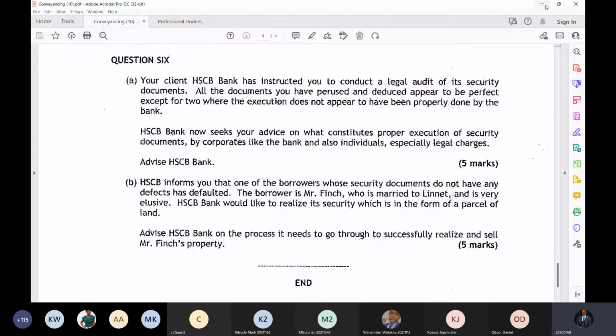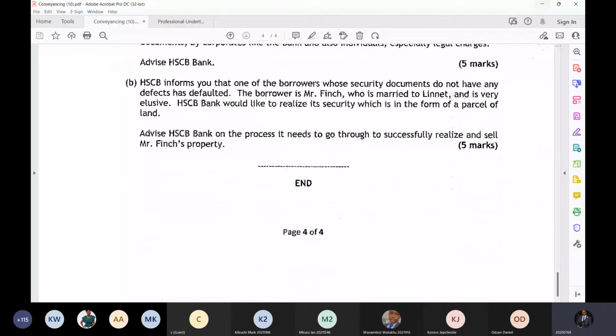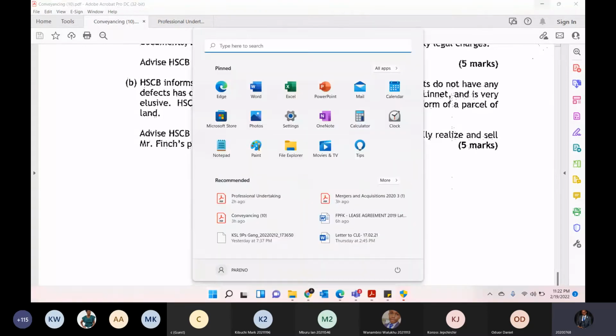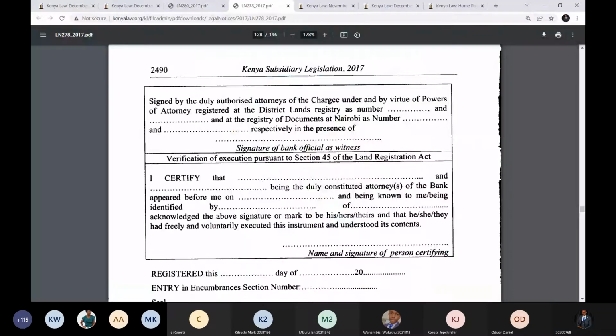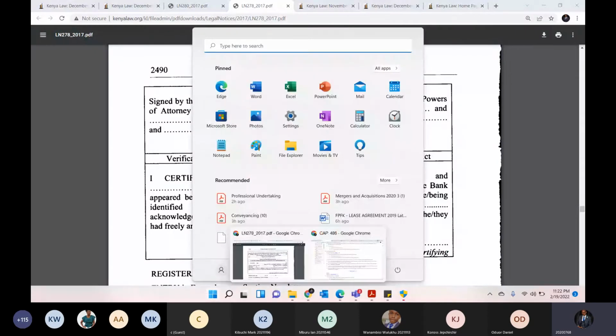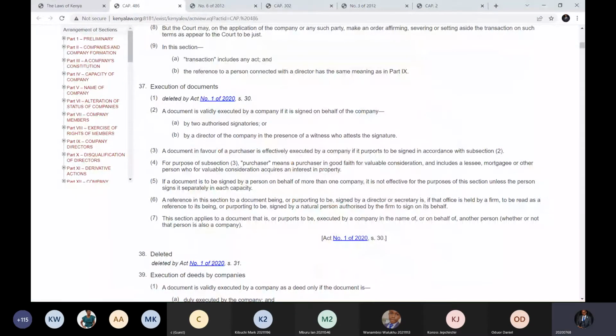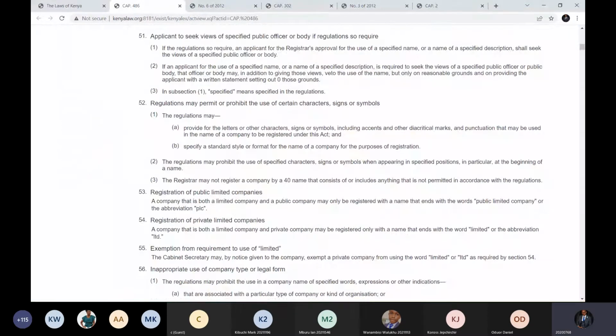And then HSCB informs you that one of the borrowers who secure it, the process of realizing or selling the property. You just need to read section 90 read together with 96, and there's 93 also of the Land Act. I'm just pointing you to where the answers are. 93.